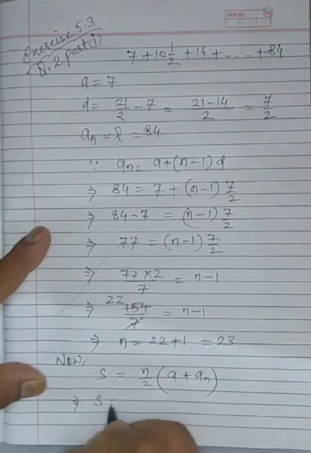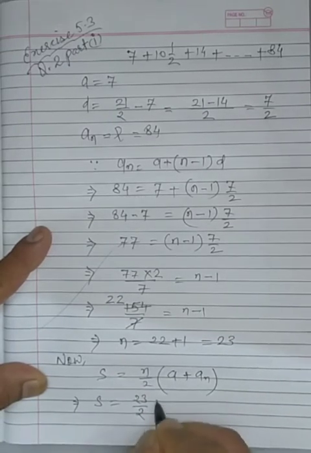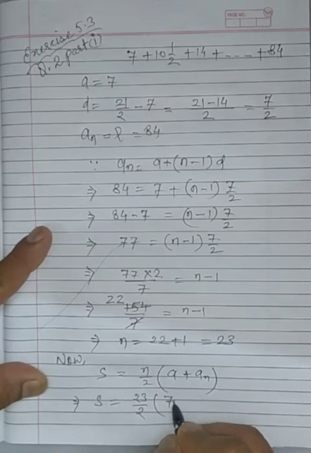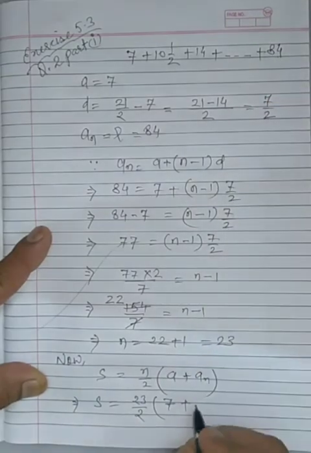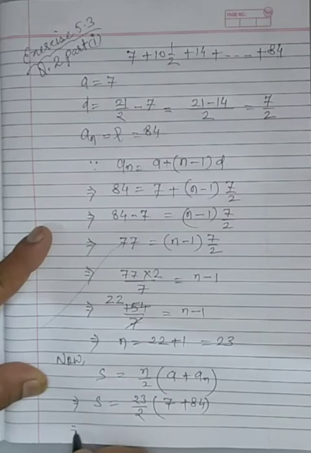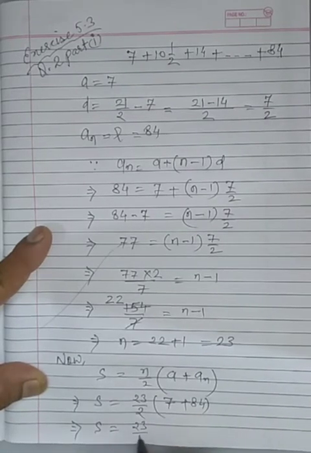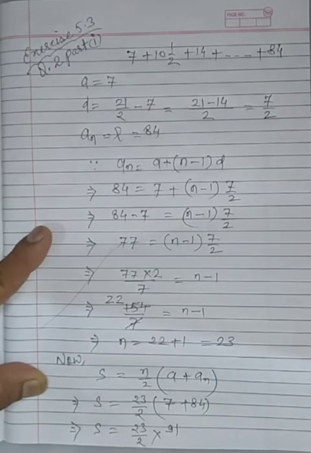So S is equal to n, we got 23 upon 2 into A, which is 7, plus AN or L, which is 84. That implies S is equal to 23 upon 2 into 91.